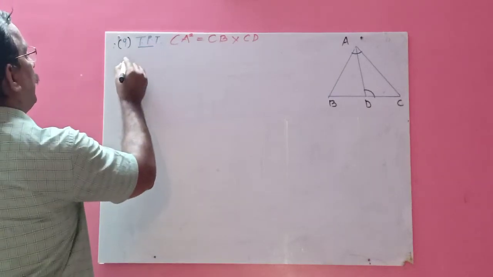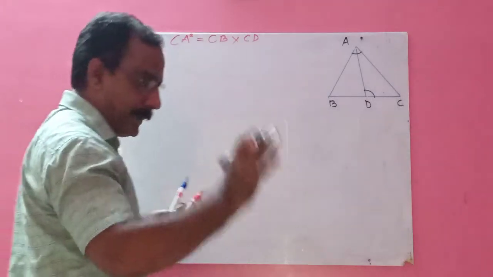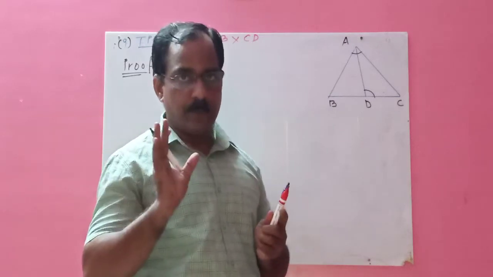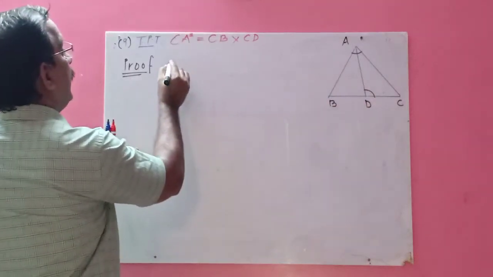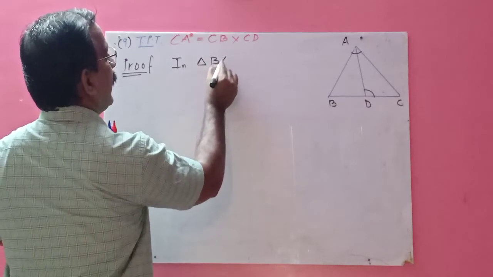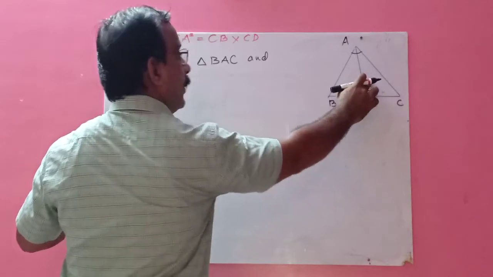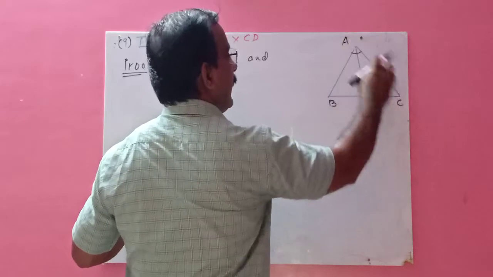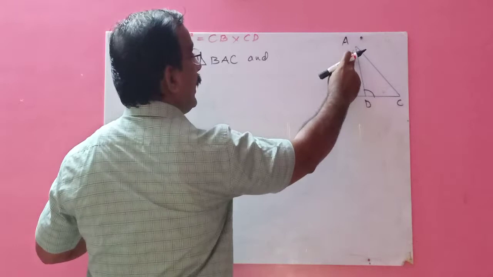So write first proof. In proof, same part. Write two proper triangles, means one-to-one correspondence. Here first I am writing BAC. So in triangle BAC and ADC, A is congruent to which angle?